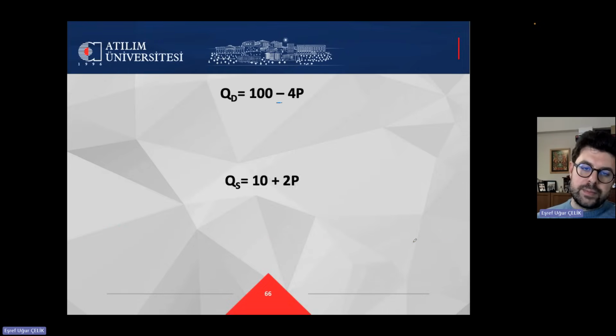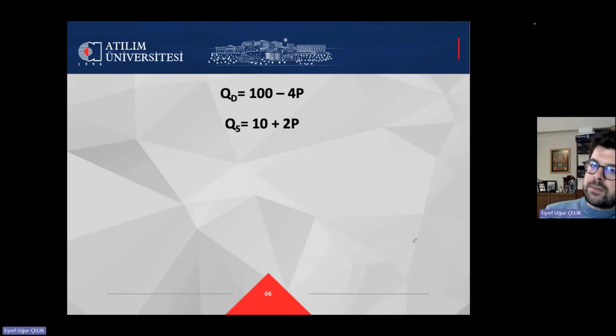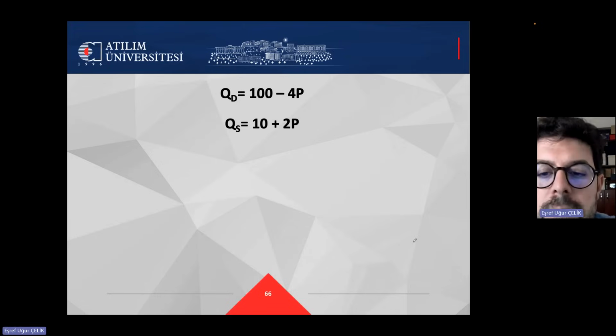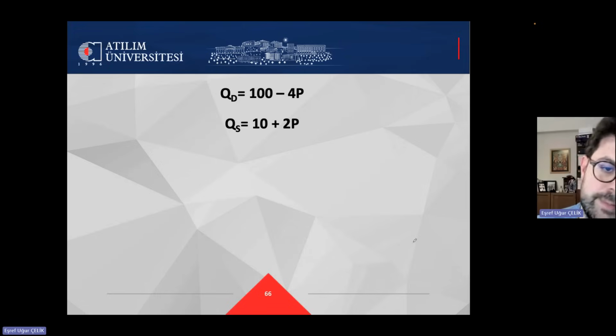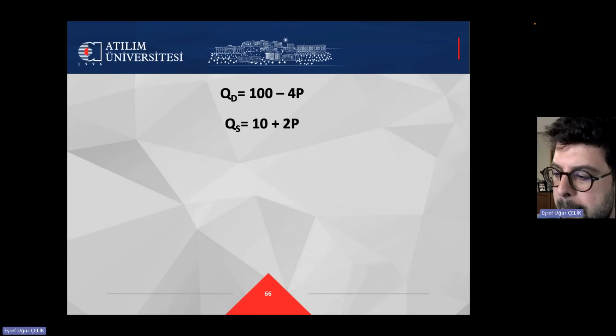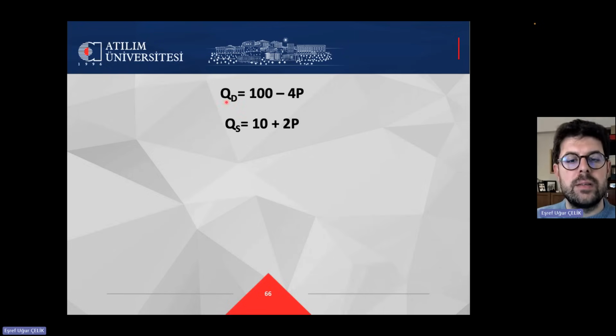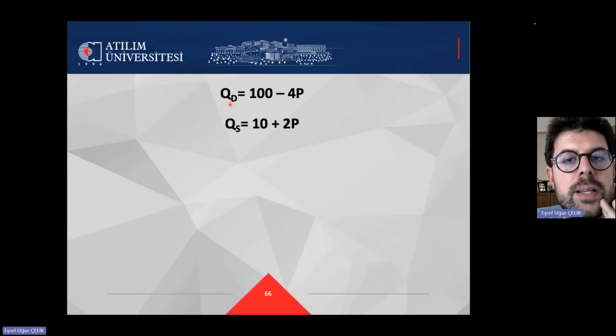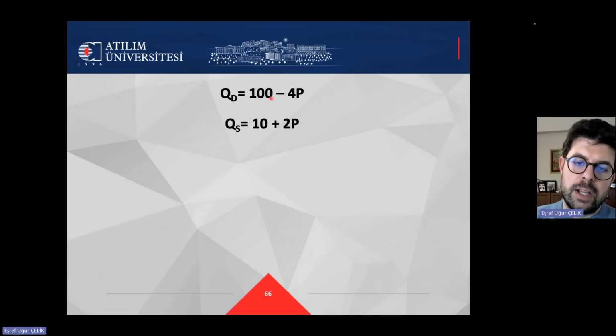And one more example. I may ask you to find the equilibrium price and quantity by using functions. Okay, I get the laser again. First, the quantity demanded equation is 100 minus 4 multiplied by P. Quantity supplied is equal to 10 plus 2P.